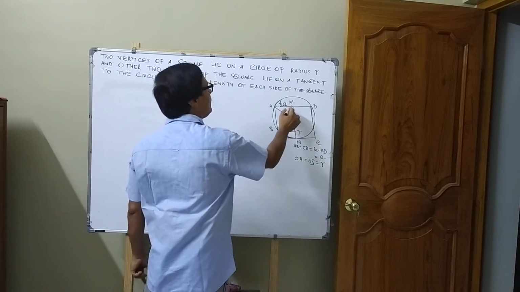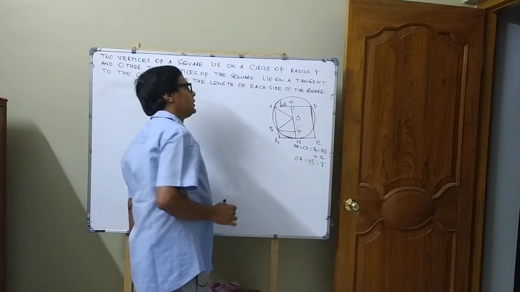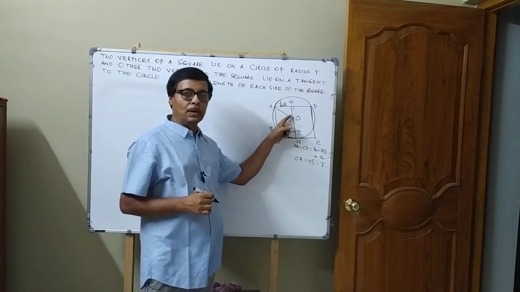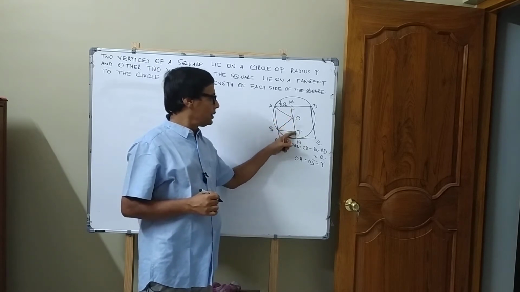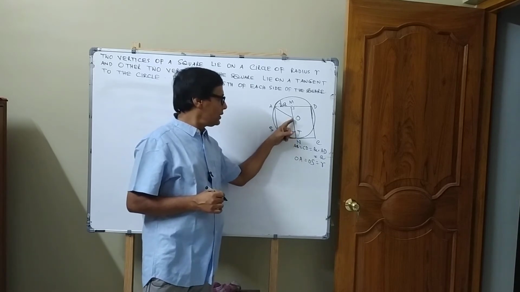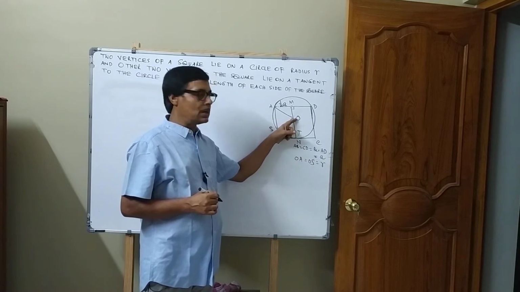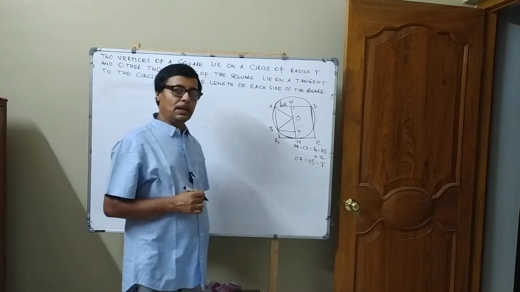These two perpendiculars, OM and ON, are drawn from the same point O. By property, the line connecting the center of the circle to the point of contact is perpendicular to the tangent.